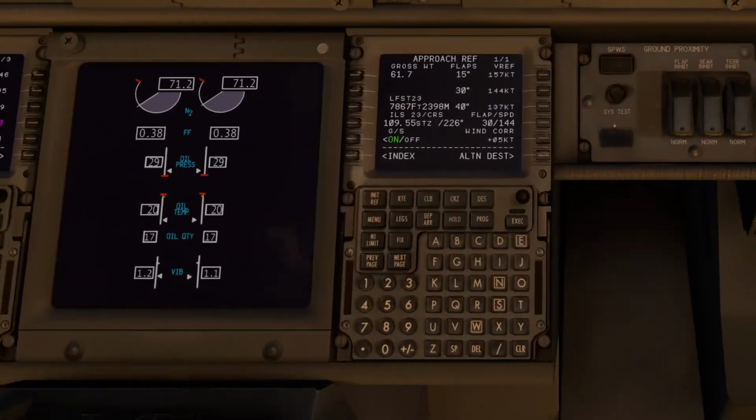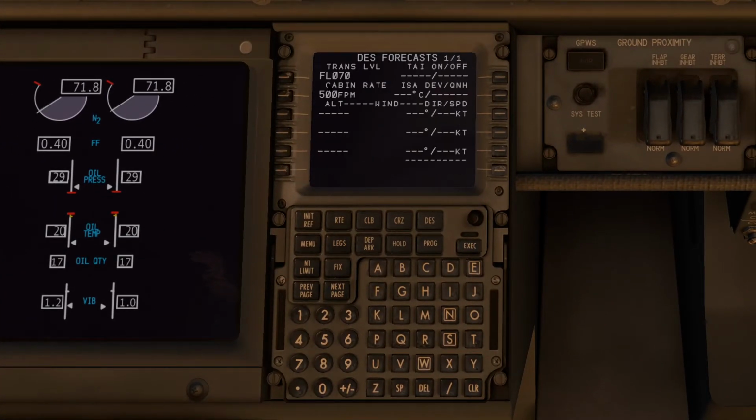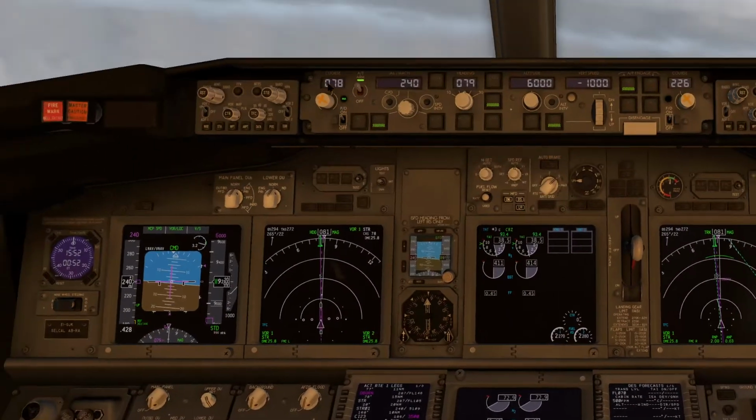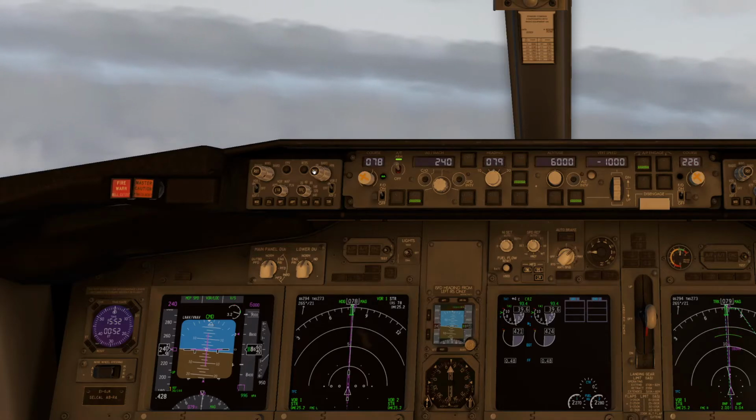Transition level. Check the descent page, forecast. Flight level 70, so 6,000 is an altitude. So we can set the QNH 996.